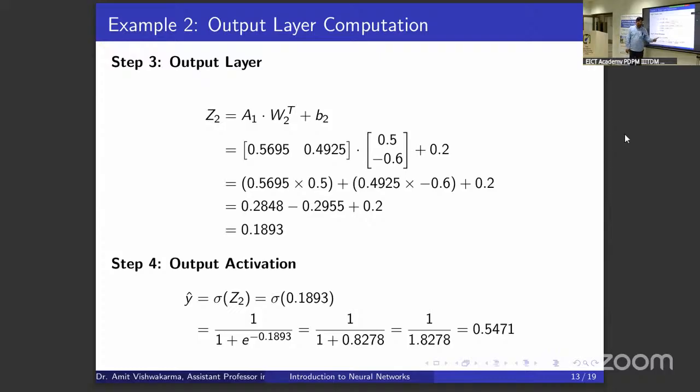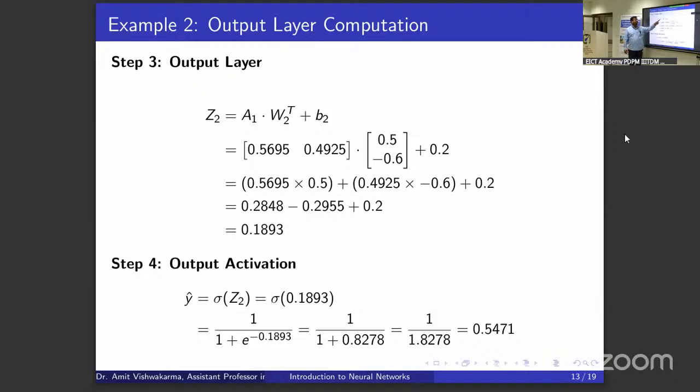What is the relation? The value of y hat depends upon Z2. The value of Z2 depends upon the output of the first hidden layer, A1. Just see the dependency.